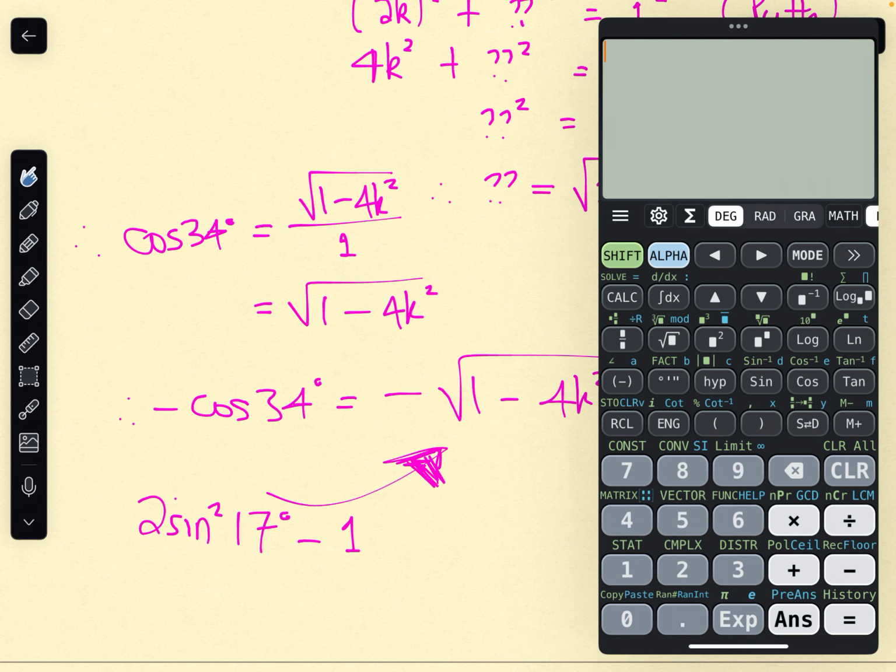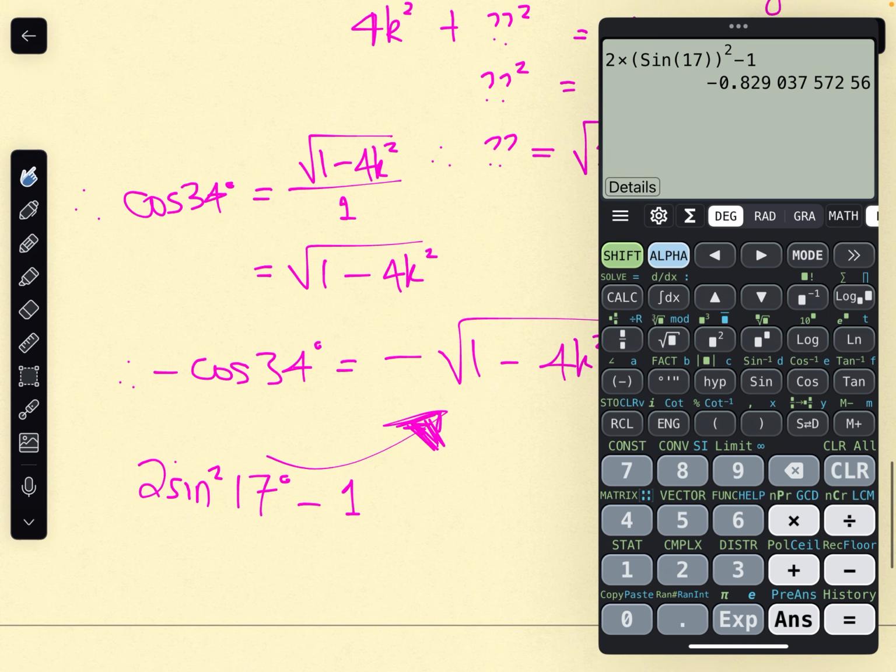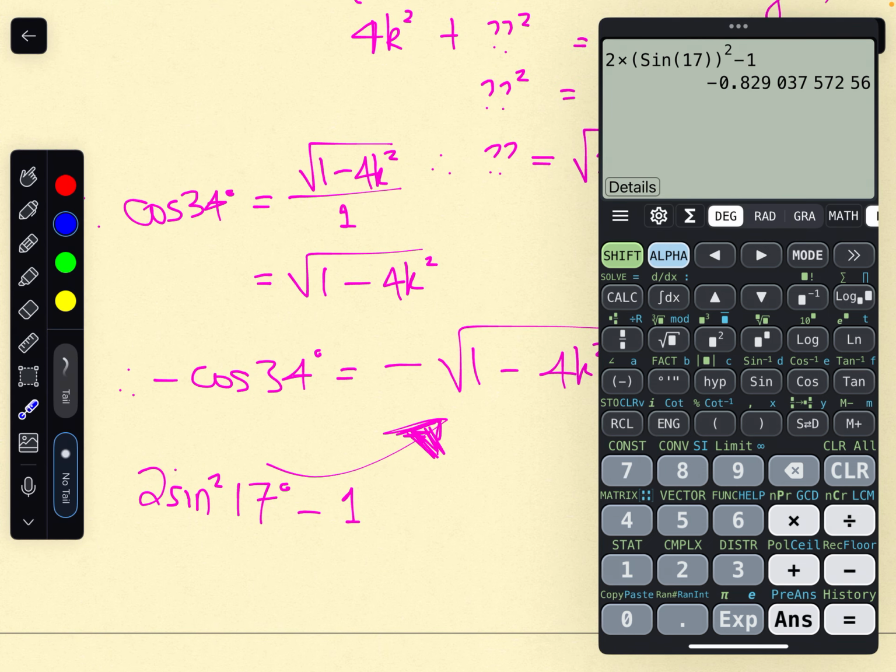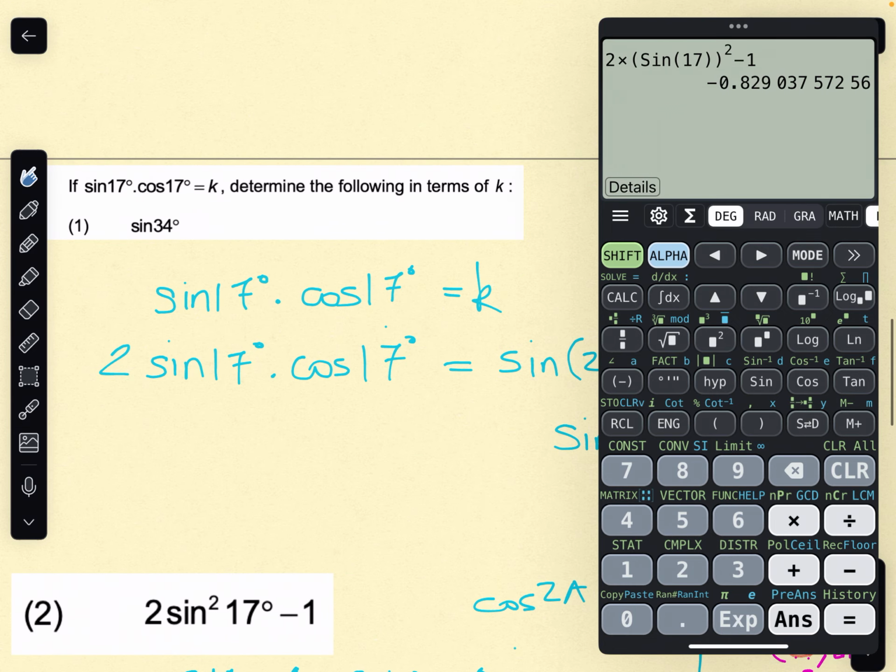Okay, so first let's calculate 2 times sine 17 squared minus 1. That gives us a negative 0.829, and so on. Right, and we are saying that this number will be the same as this guy, bearing in mind that k is simply sine 17 times cos 17.